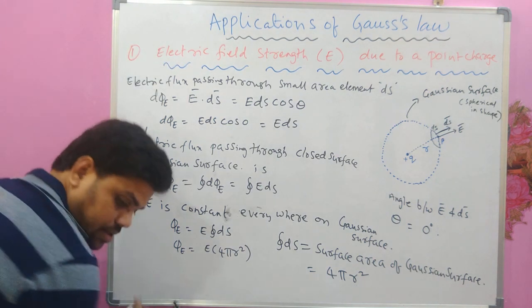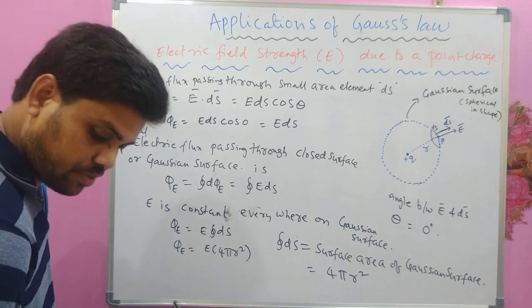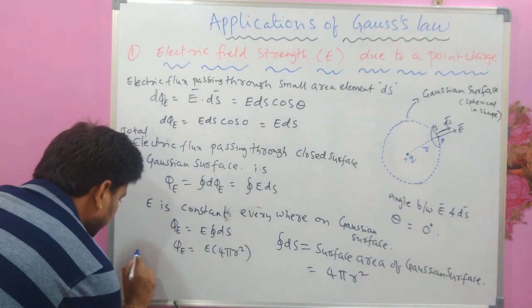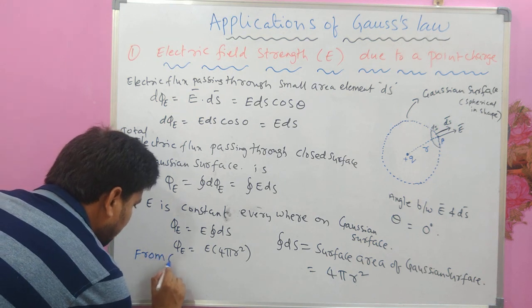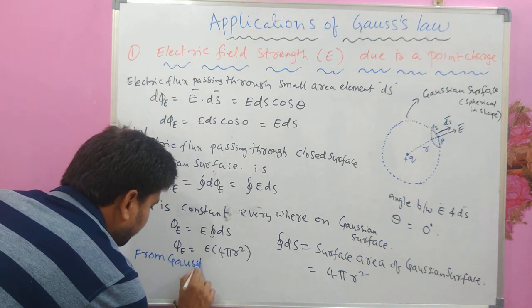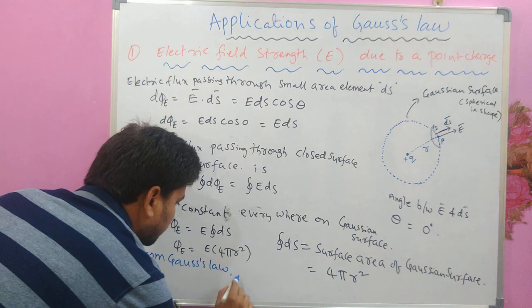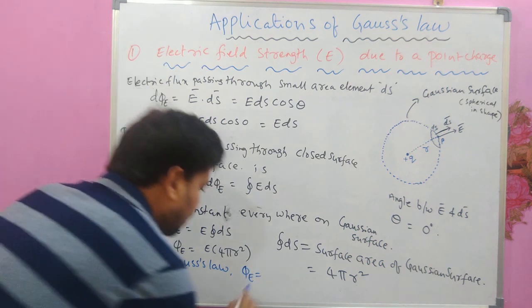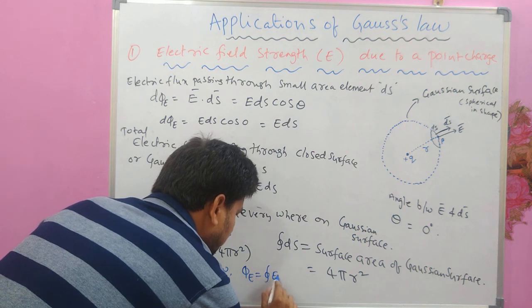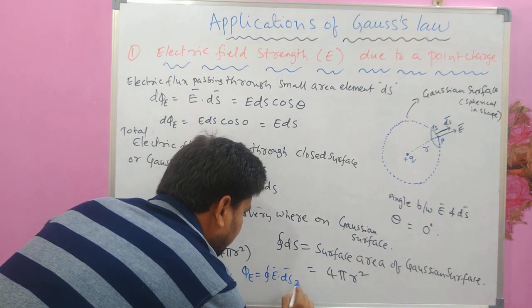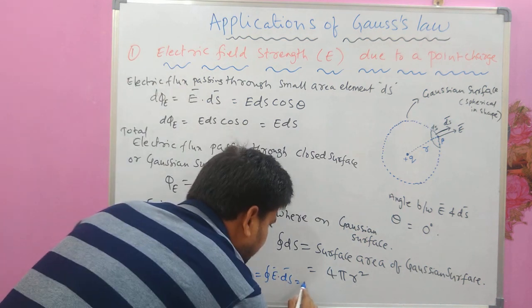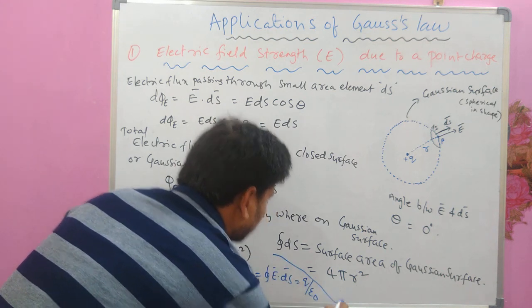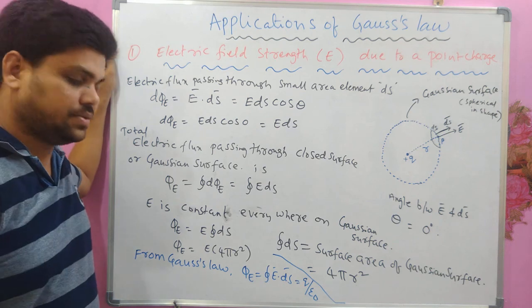From Gauss law, the flux, or integral E dot dS, is equal to Q by epsilon naught. Right? Q by epsilon naught.